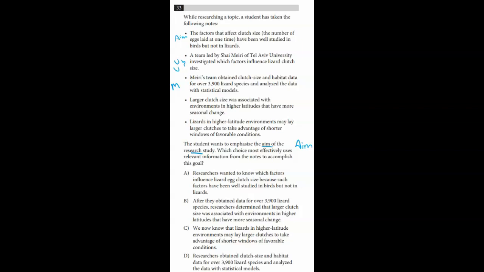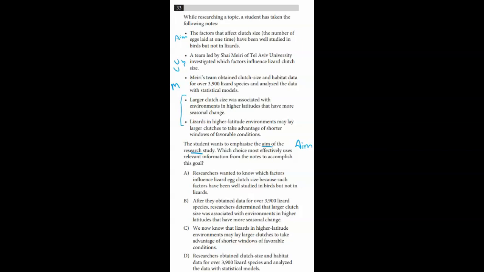Larger clutch size was associated with environments in higher latitudes that have more seasonal change. Lizards in higher latitude environments may lay larger clutch sizes to take advantage of shorter windows of favorable conditions. So looking at this, I'm trying to figure out what the aim of the study is. I think we're going to have to infer it.